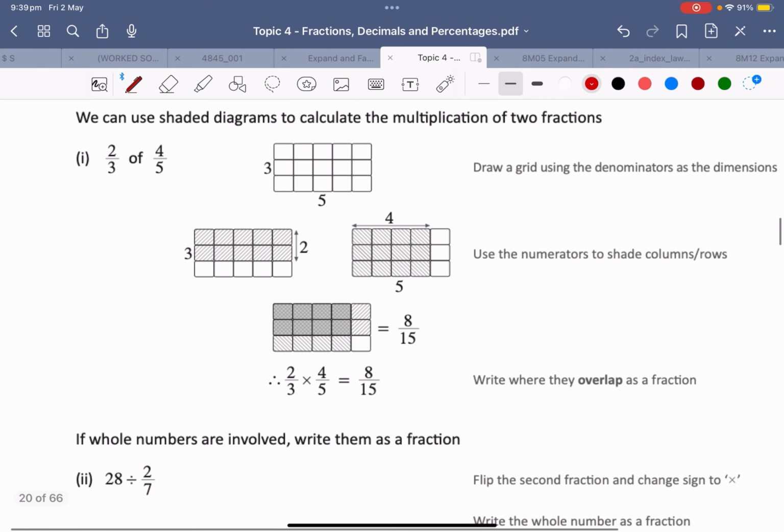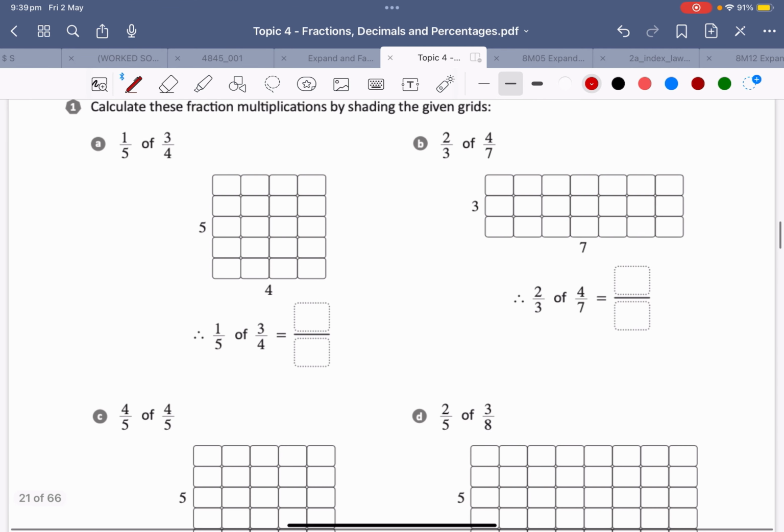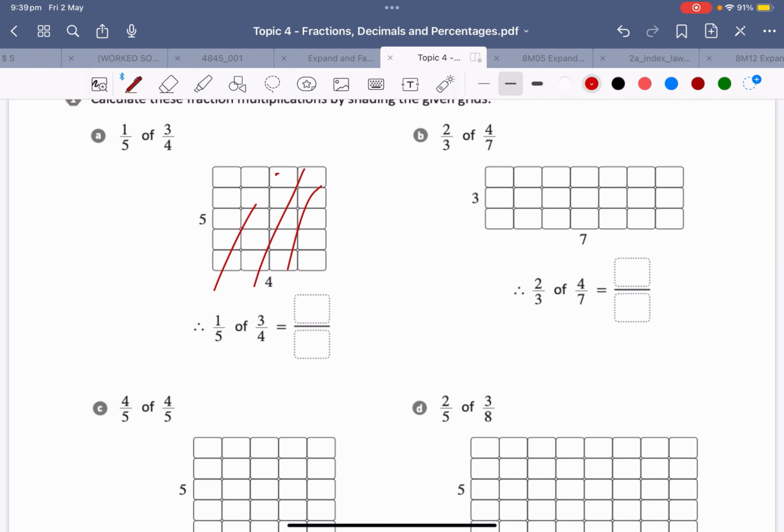Okay? Now, do not do the shading blocks. This is not necessary anymore because I was only doing this as a geometrical proof of how to multiply fractions. But in a procedural sense, it's not really necessary.